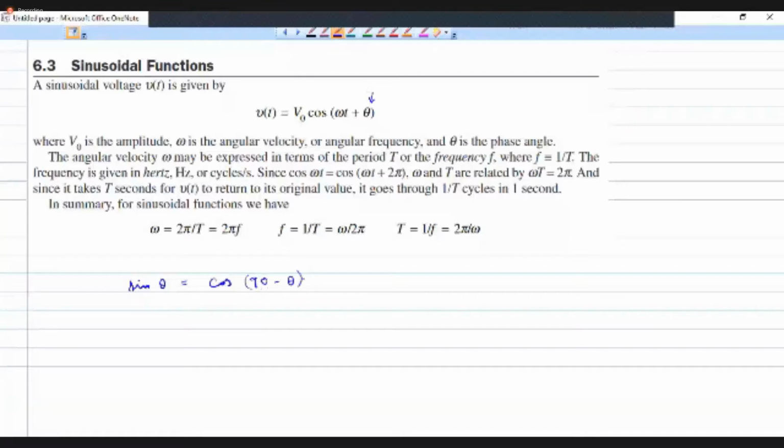So what happens if we shift the cosine voltage? What is the shape of this cos theta function? If you remember, in your course you have drawn this cosine function. This is the cos theta function.